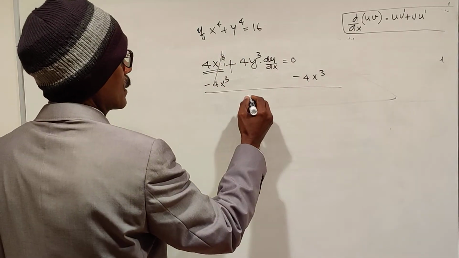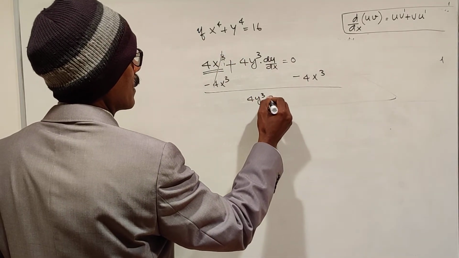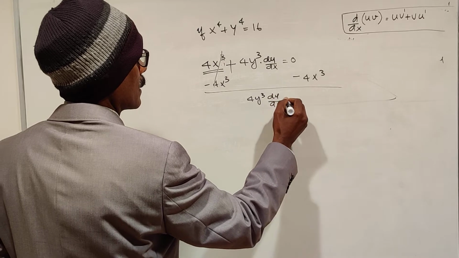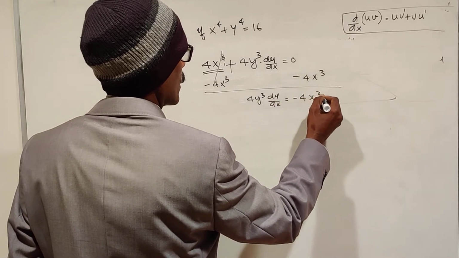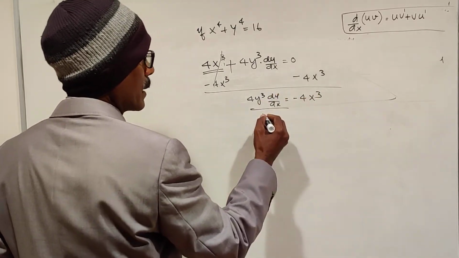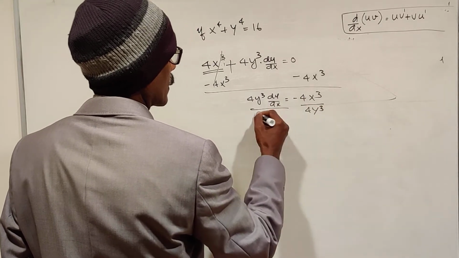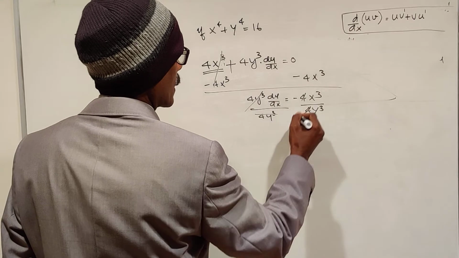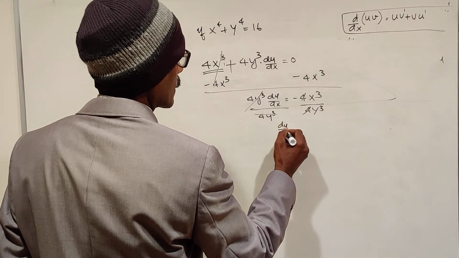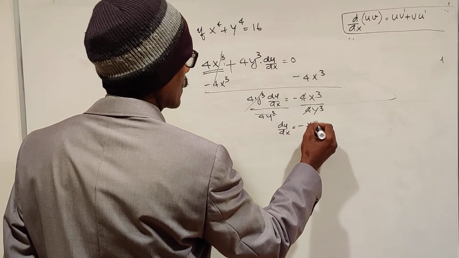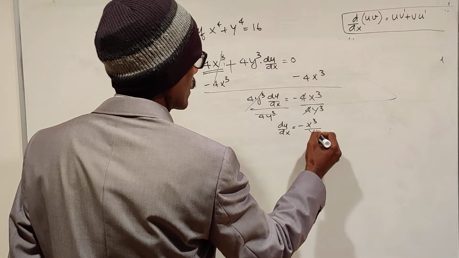So this one cancels out. 4y cube dy by dx equals minus 4x cube. So what is the dy by dx? 4 cancels out, dy by dx equals minus x cube by y cube. That is the answer.